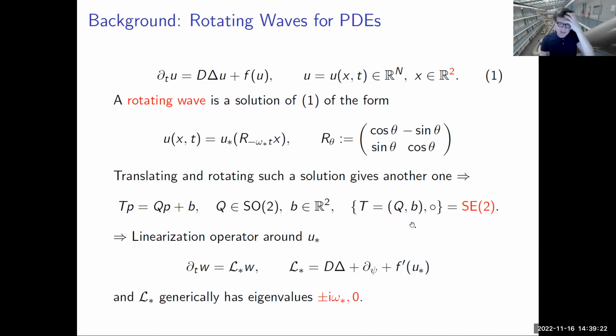And if you look at the action of this group, then you see it's actually the special Euclidean group. And the special Euclidean group is basically all rotations and all translations. And this is, of course, a much bigger group. It's actually not 1-dimensional, but 3-dimensional.